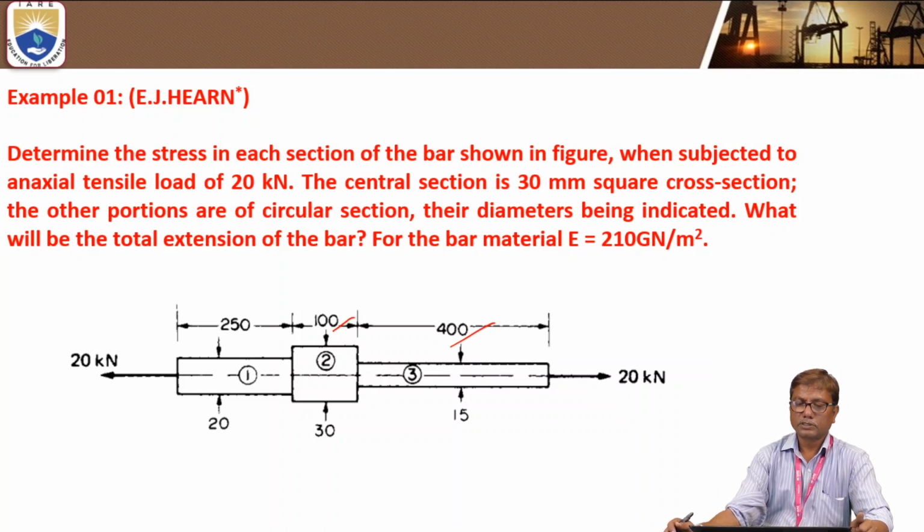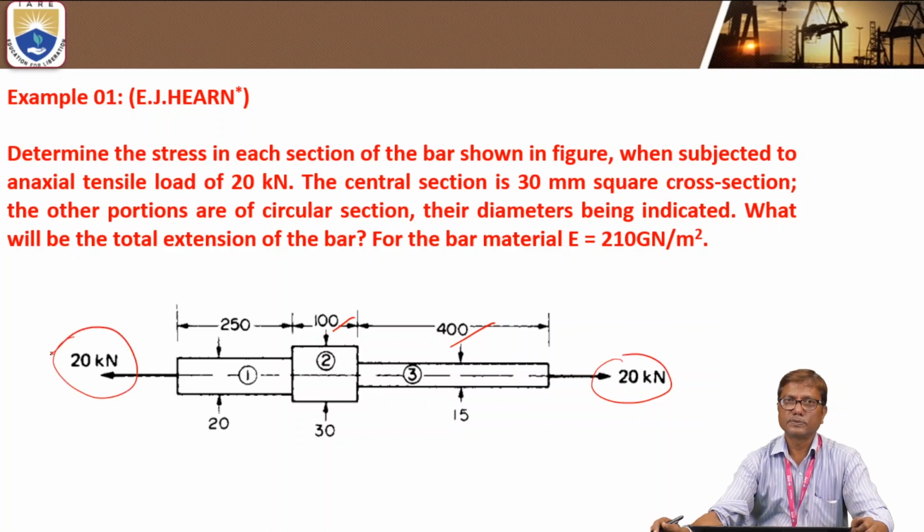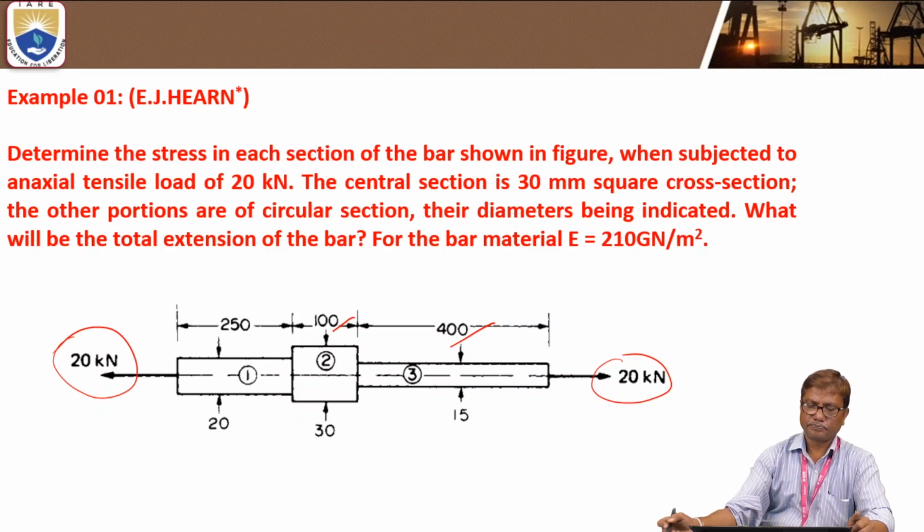So this composite bar consisting of different portions with different cross sections is subjected to a tensile load of 20 kilonewtons applied at the ends of the bar.